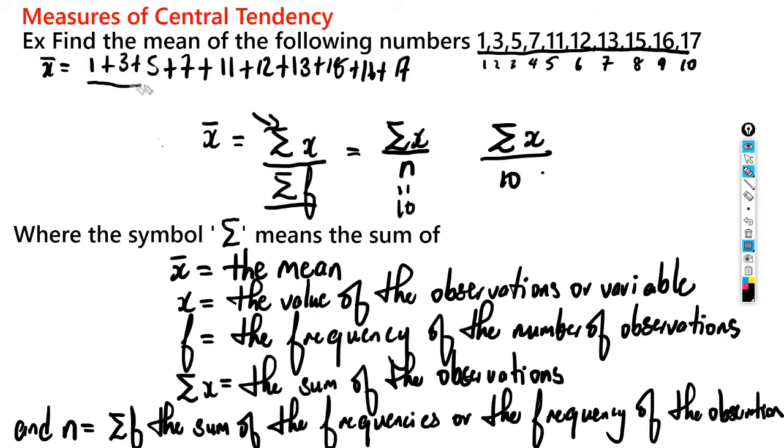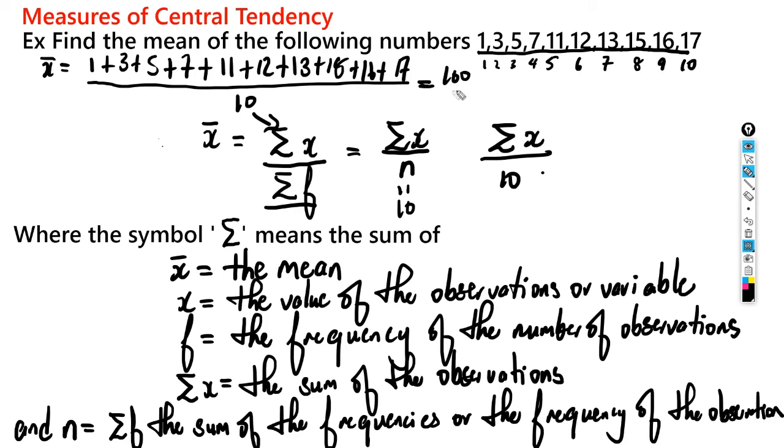So we're going to divide all of these numbers by 10. When you actually add up all of these numbers, 1 plus 3 gives you 4, 4 plus 5 is 9, 9 plus 11 is 20, 20 plus 7 is 27, 27 plus 12 is 39, 39 plus 13 is 52, 52 plus 15 is 67, 67 plus 16 would be 83, and 83 plus 17 would give you 100.